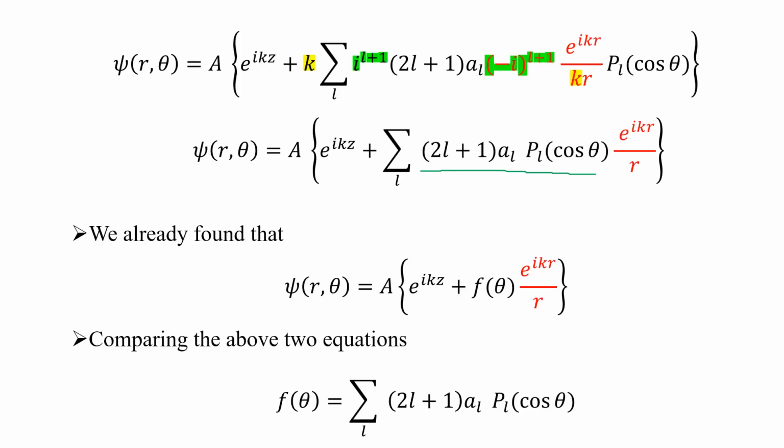By comparing both, you will get f(θ) equal to this. That's what I have written here: f(θ) is equal to summation over L of (2L+1) A_L P_L(cos θ).